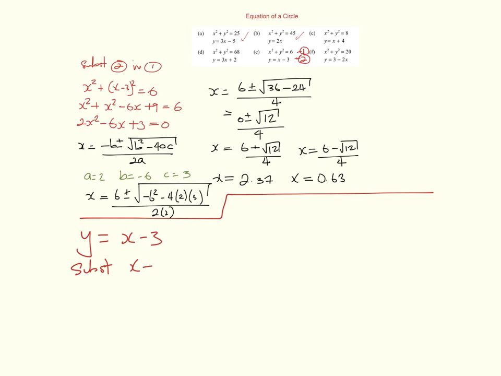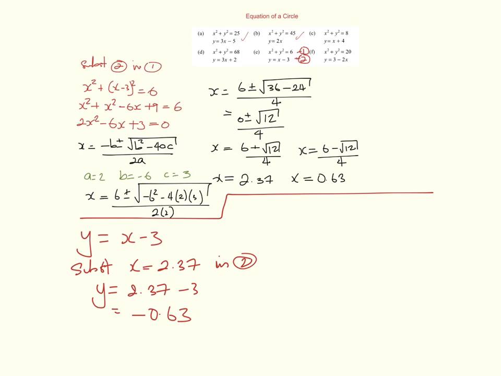Substitute x is equal to 2.37 into equation 2. So y is equal to 2.37, take away 3, which gives us minus 0.63.